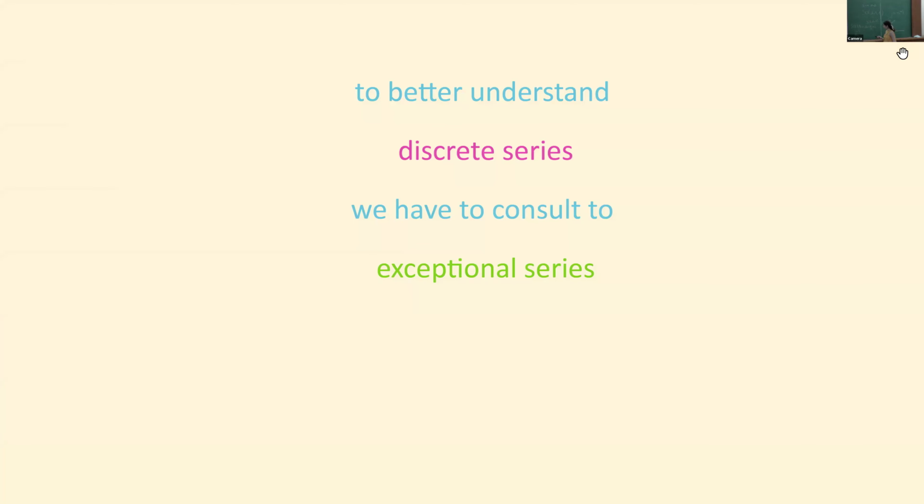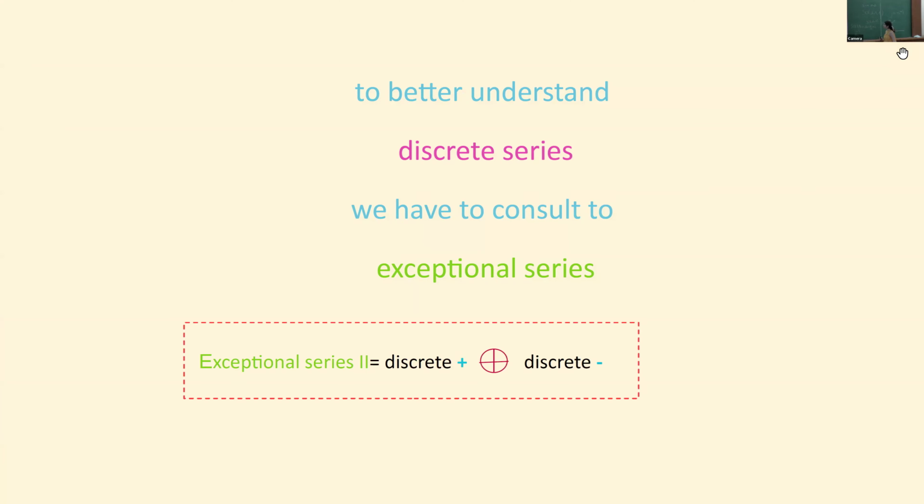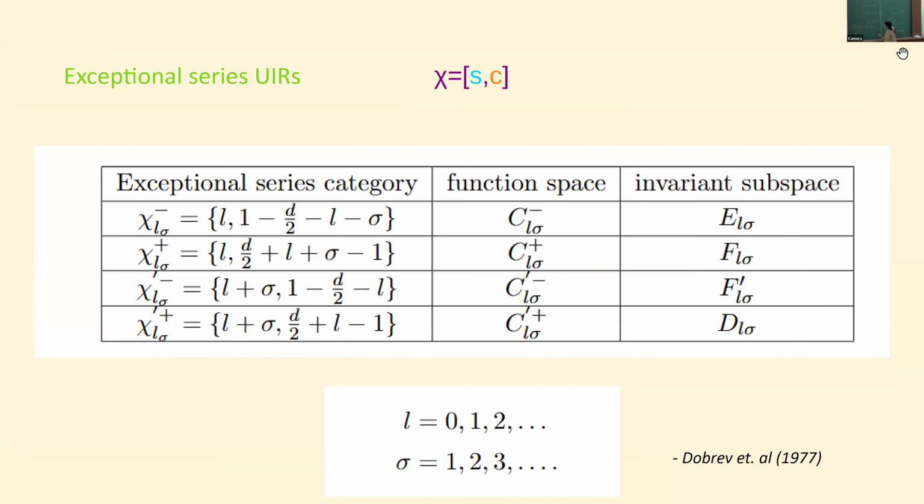Now the exceptional series, we need them to better understand, and one of them will break into discrete plus and discrete minus. This is taken from the Dobrev review. Remember, we said to label the representations by spin and the scaling weight. Now the exceptional series fall under these 4 different categories. Everything in the second entry of the parenthesis is the scaling weight, and everything in the first entry is spin.